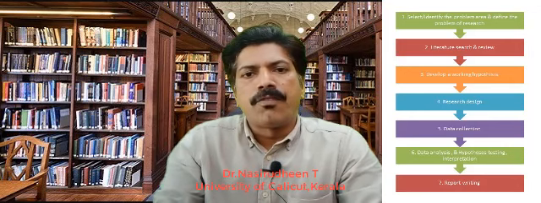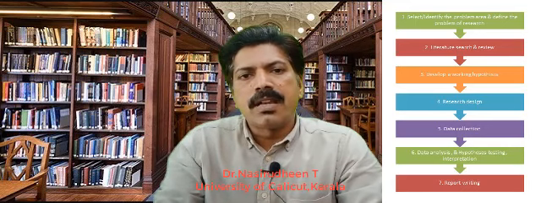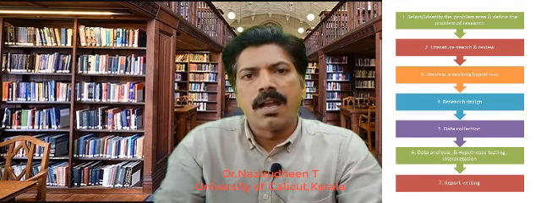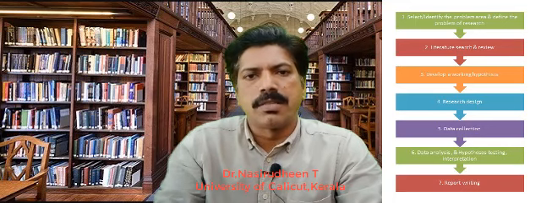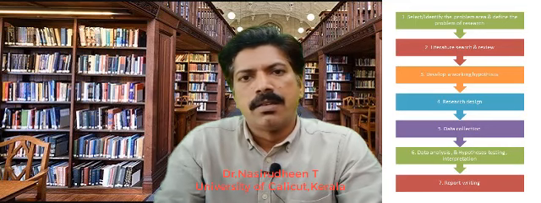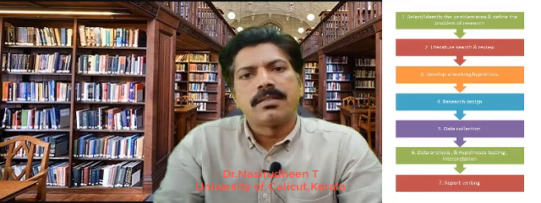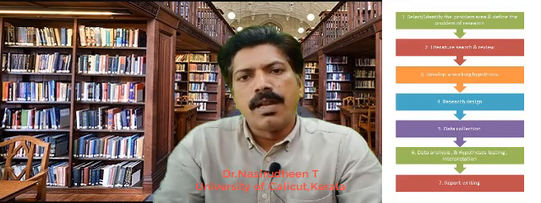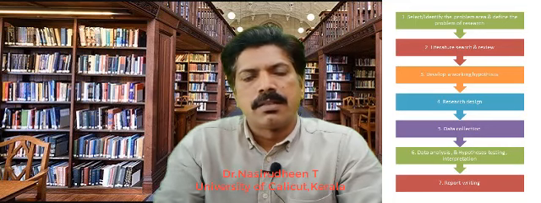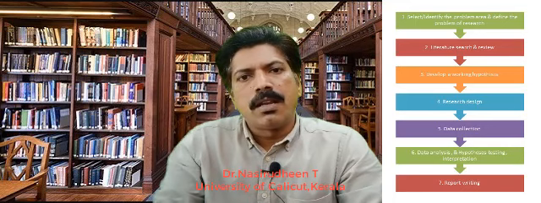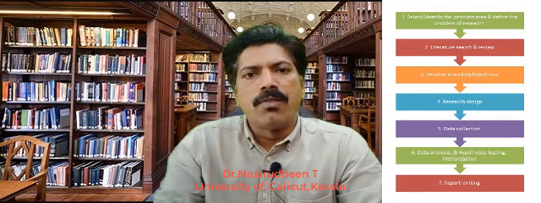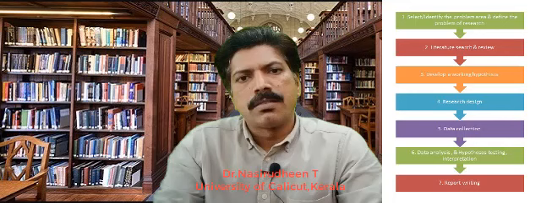Okay, the first step of research is identification of research area and selection of research topic. Second one is review of related literature. Third one is developing a working hypothesis.